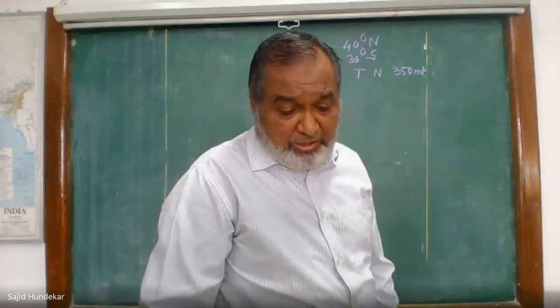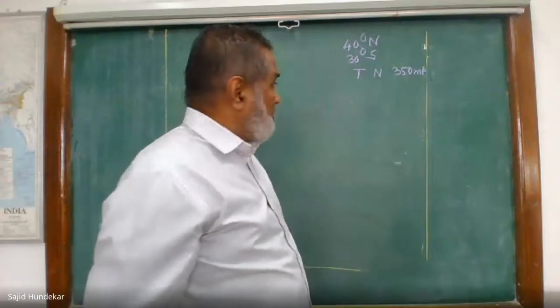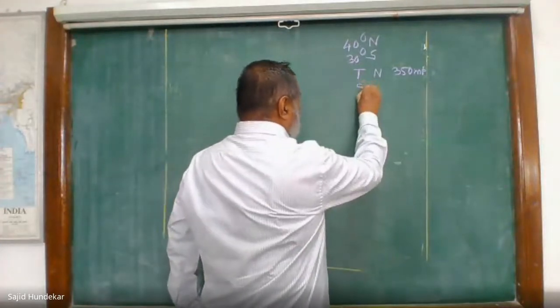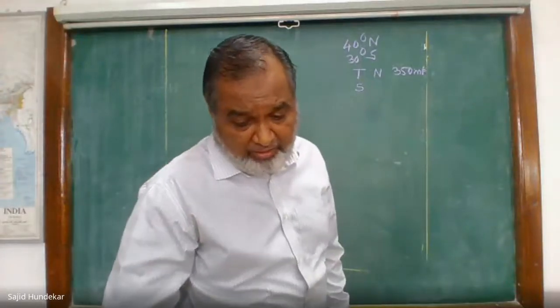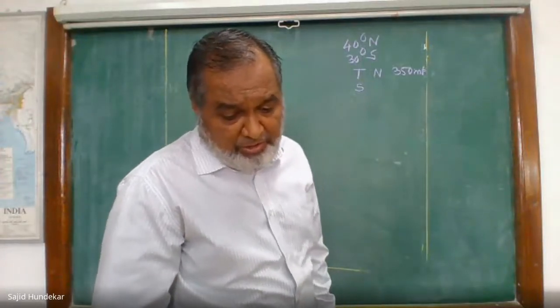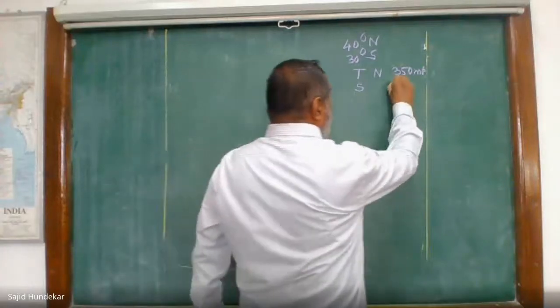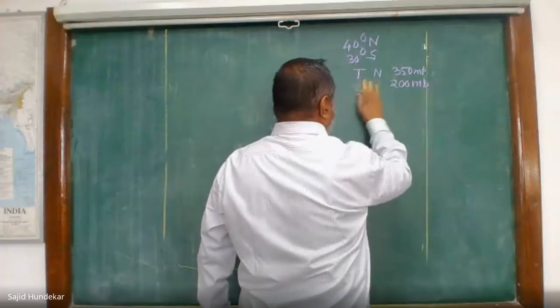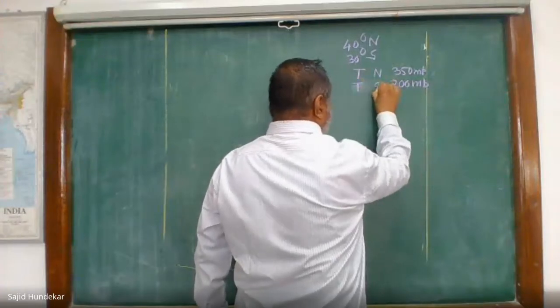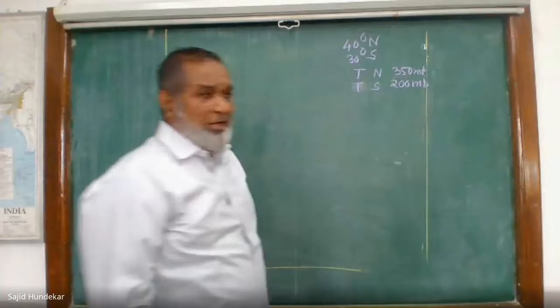And on the south slope, the top junction is exposed at 200 meters. Top junction from south, it is exposed at 200 meters.